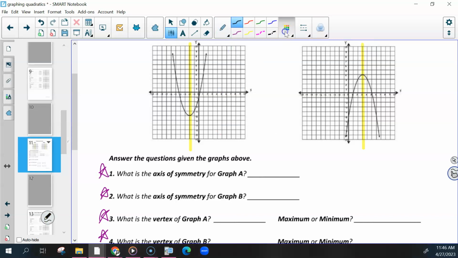So what would the axis of symmetry for A be? Where is that middle?